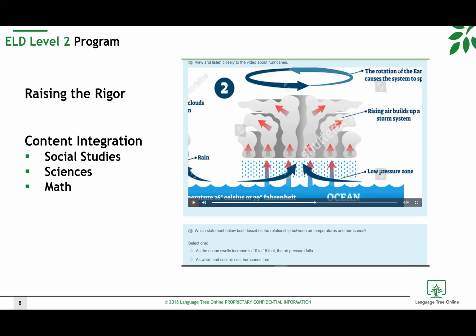We are using some of the Next Generation Science Standards, some integration of the cross-cutting standards, also science, social studies, as well as some other global areas that students will have some growth in.